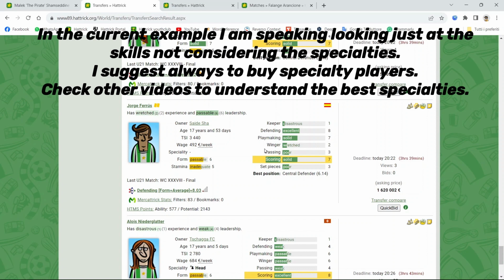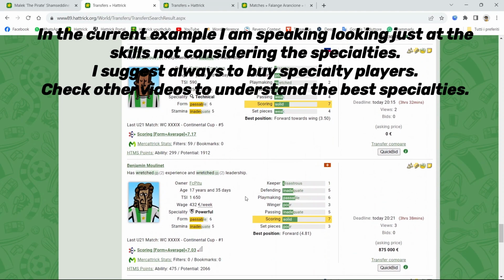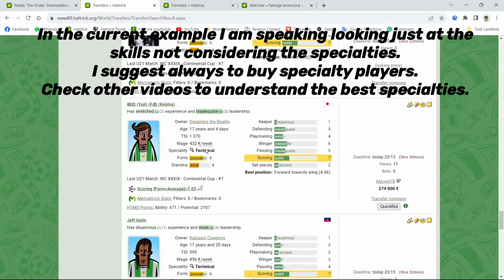If you are making a forward, of course, the defending skill is not useful, and so you don't really use this potential. So at the end, maybe you pay a lot for this player because a lot of people are interested, but it was better to buy another player. Let's give another example.